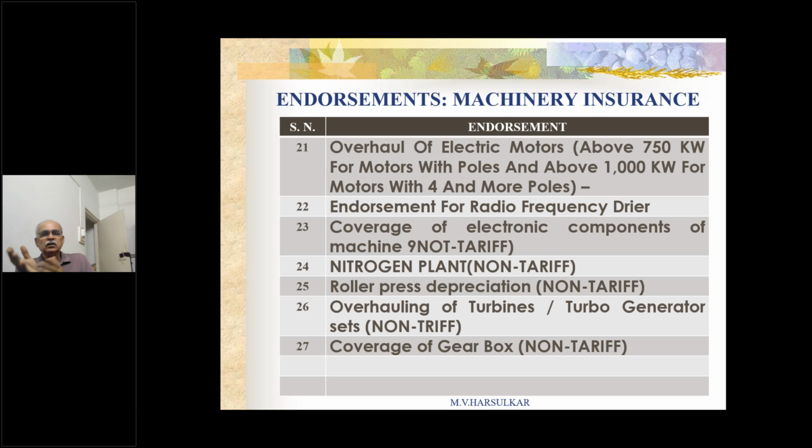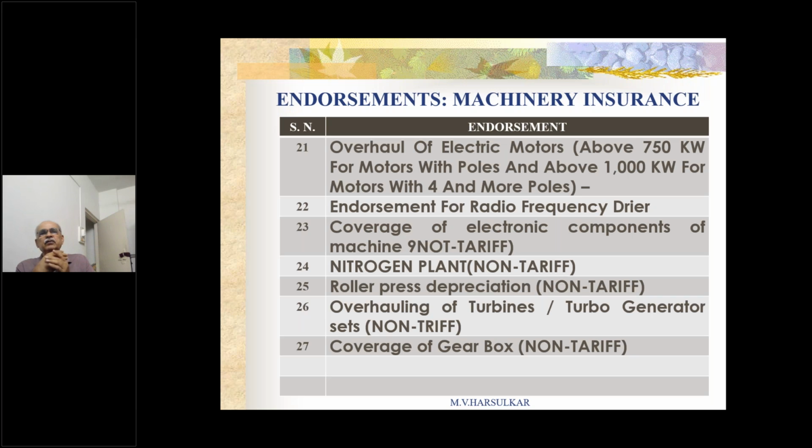In industry, a lot of machinery uses electronic components, and then there is a dispute whether the machine should be covered under an electronic equipment policy or a machinery breakdown policy. You don't get the bifurcation of the value of the electronic portion of the machine and the other portion.